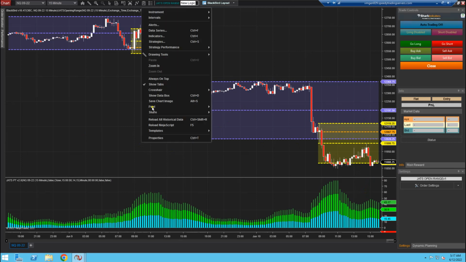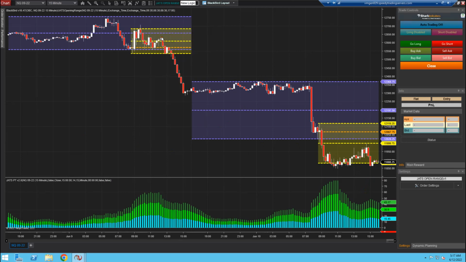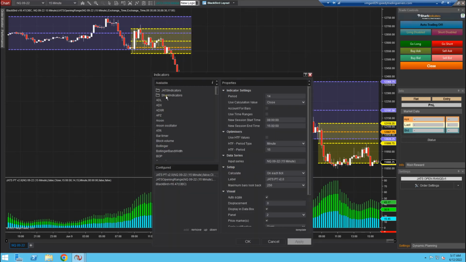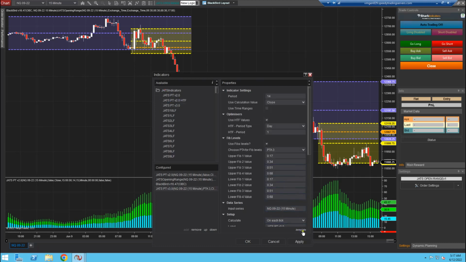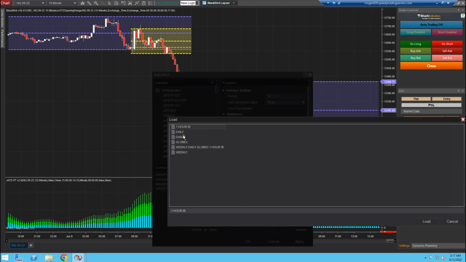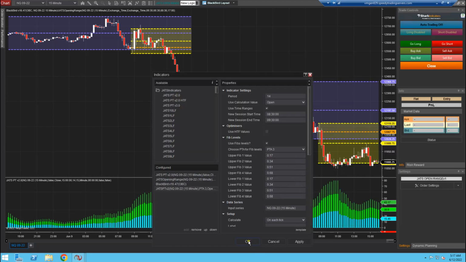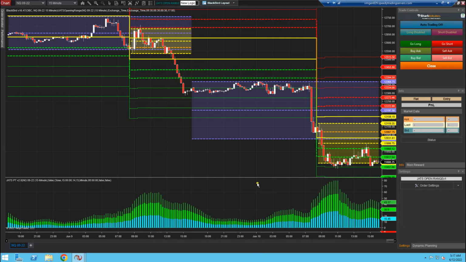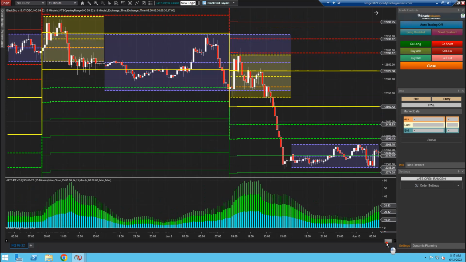directionally. To make this even better, we can put the PT indicator on it, and I have a template for the opening range right there, 1 hour IB. And this also gives some very good levels to trade to.